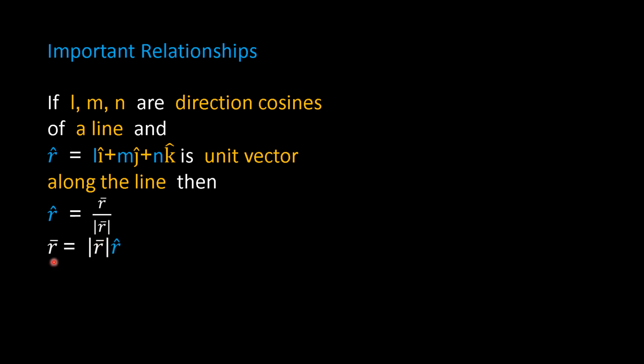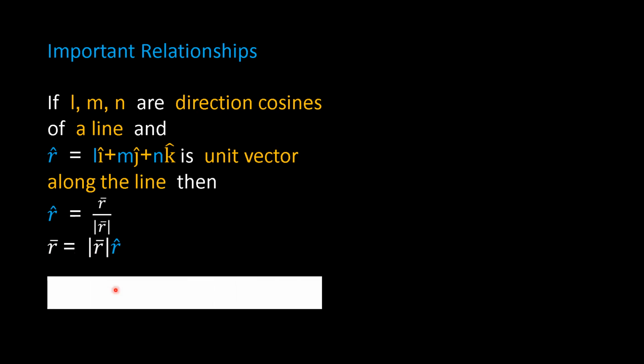That gives us vector r bar equals mod r bar times r cap. So we get the relationship r bar equals mod r bar (l i cap plus m j cap plus n k cap).